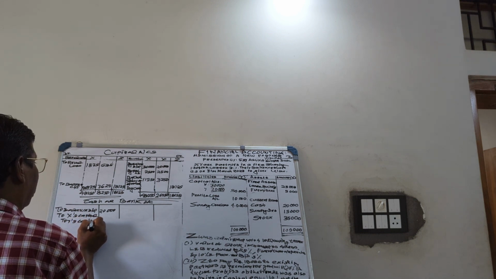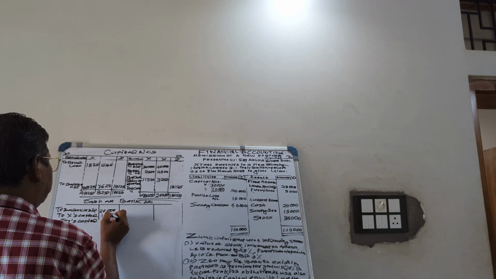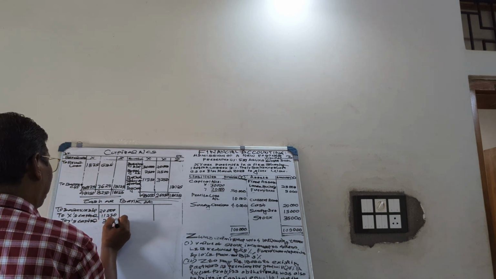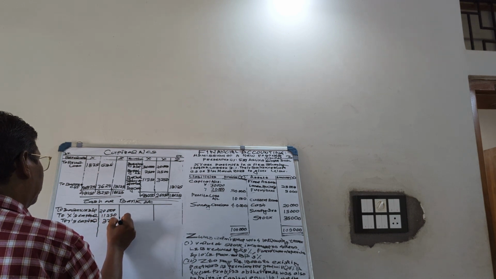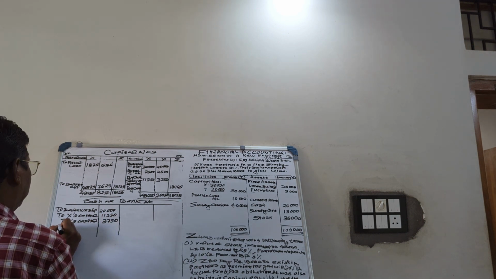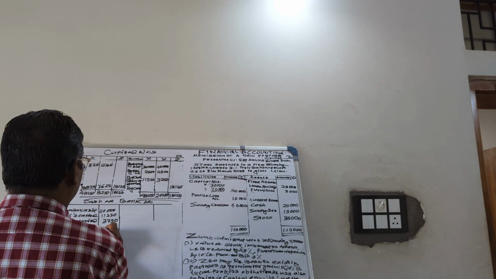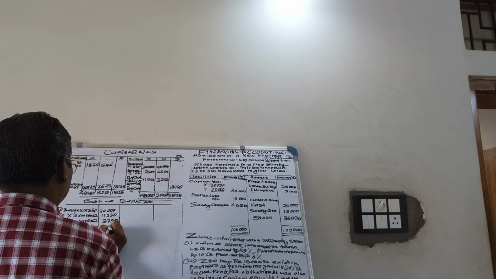X capital account was 11,250. Here it is 3750. Finally, he brought 1/4 share of its adjusted capital. So cash account debited to Z's capital account. It is 18,125.